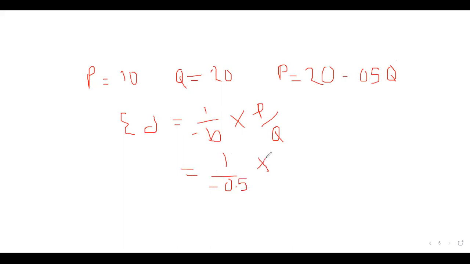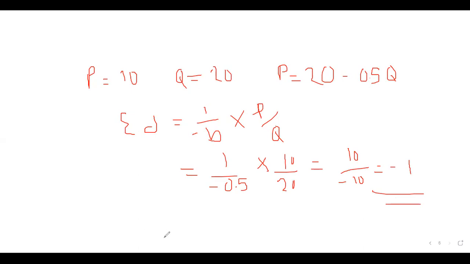And our price? 10. And our quantity? 20. And what do we get? Negative 1. And what is our comment at this point? Unit elastic.